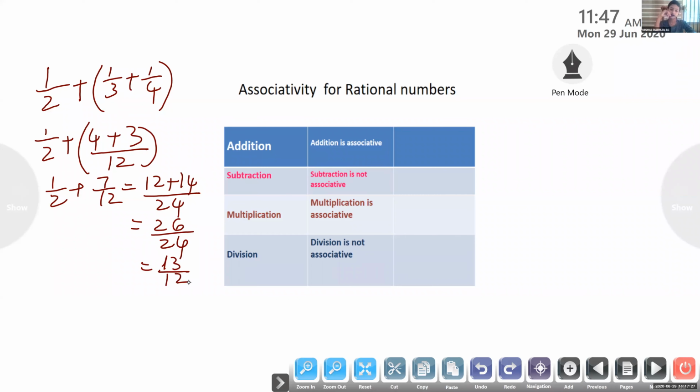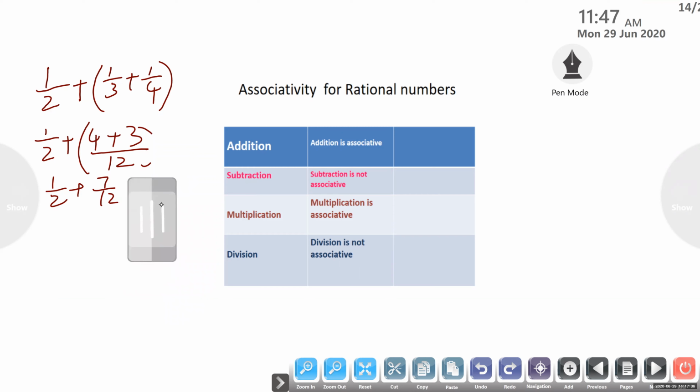Can we do it by 12 also? That also you can. Very good. Or from here itself you can take LCM as 12. So it will be 6 plus 7 by 12. So we can reduce one step. 13 by 12. Correct.